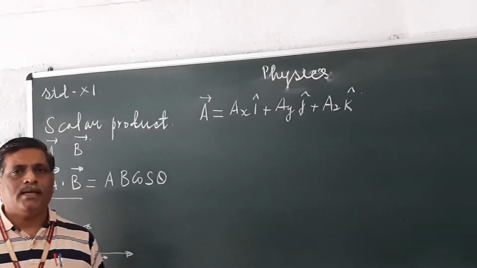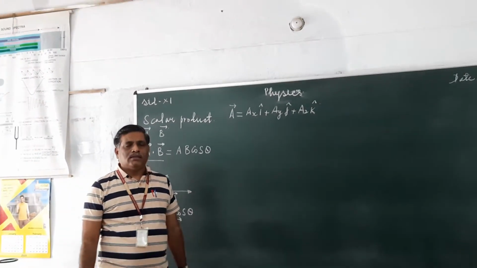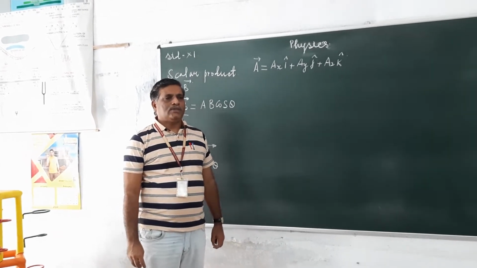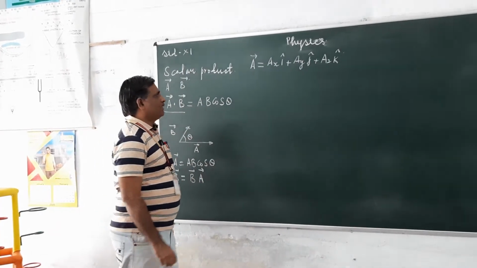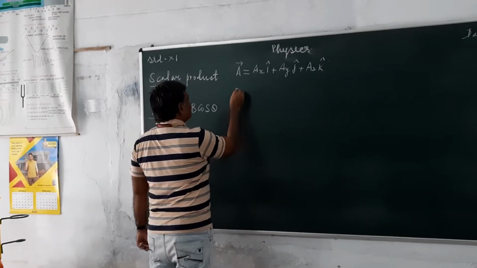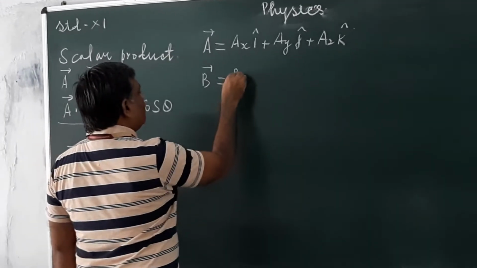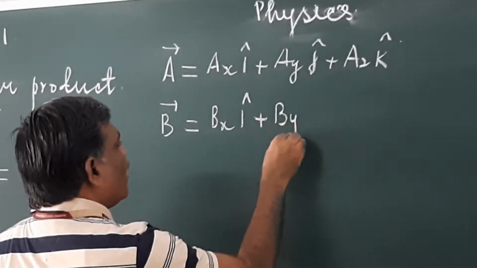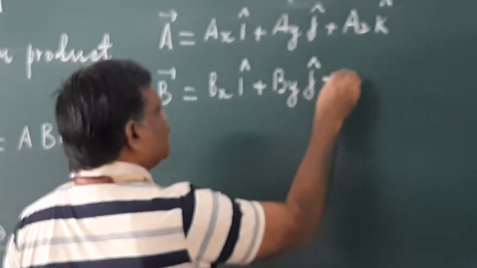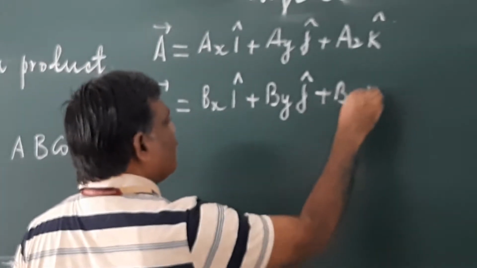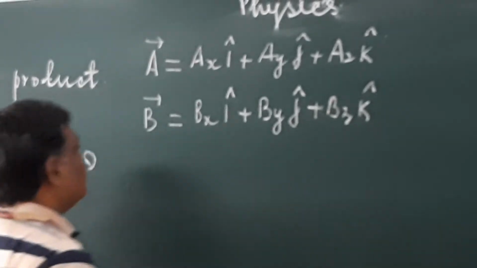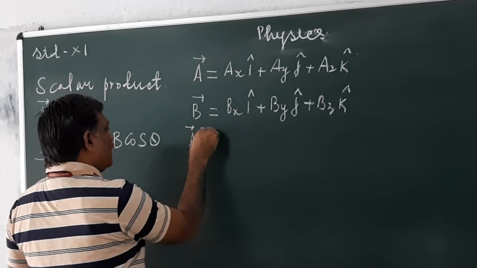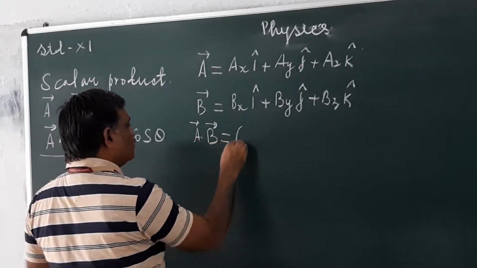AX, AY and AZ are the X, Y and Z coordinates of point P. Similarly, B is equal to BX i plus BY j plus BZ k. Now we want to find out A dot B for these two.